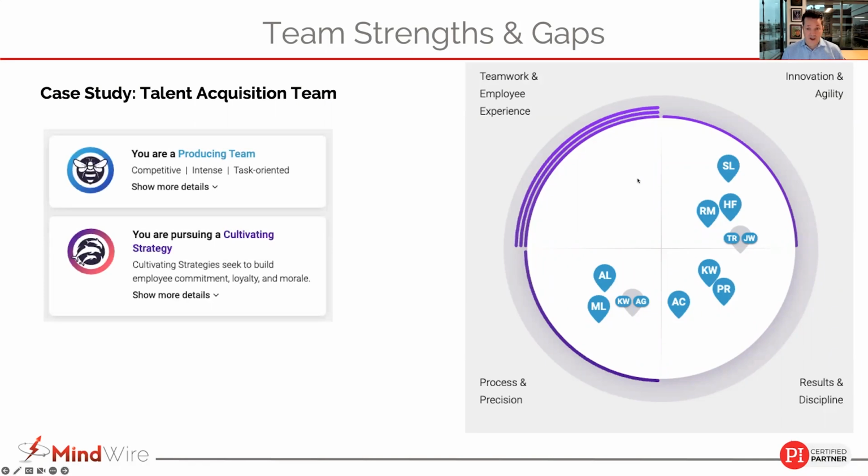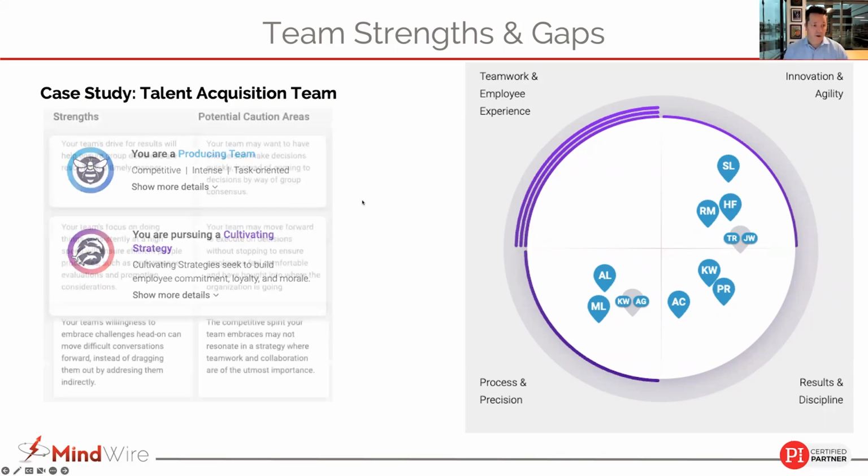So software said they're a producing team with a cultivating strategy. And it's always common that these things are different. Almost every single team has differences between the team type and the strategy type. Even when they don't, even when there's really close similarity between team type and strategy, there's still strengths and caution areas that team has to deal with, right?